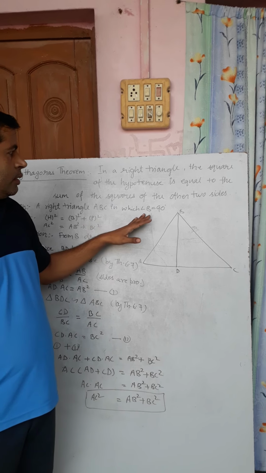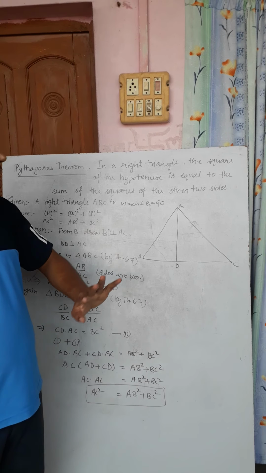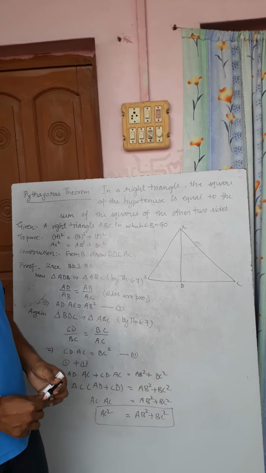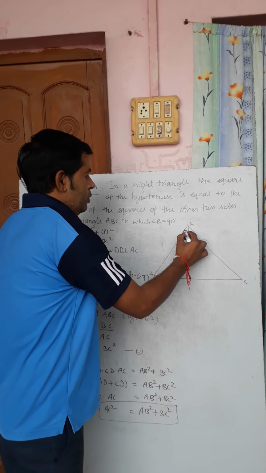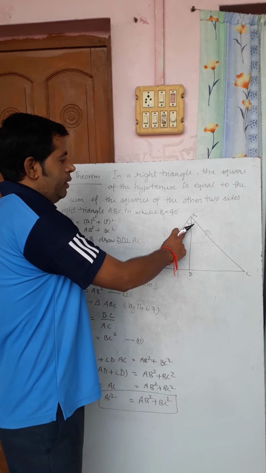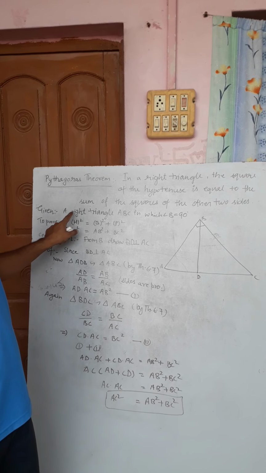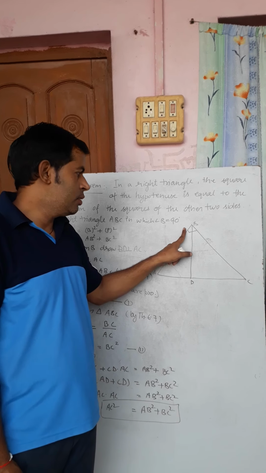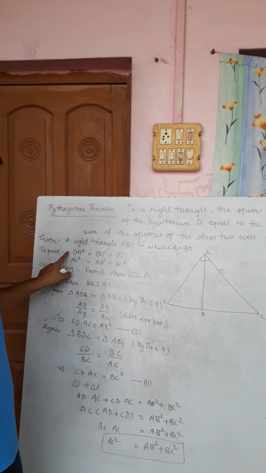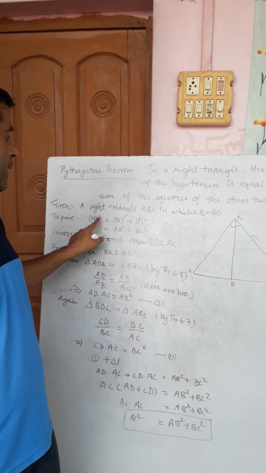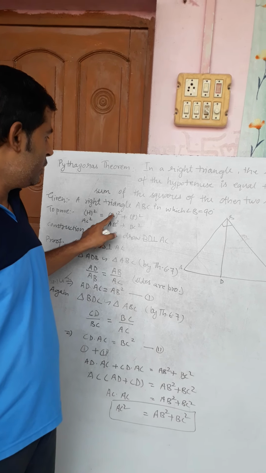So first we will draw the right angle triangle in which one angle will be right angle. So triangle ABC is right angled at B. Here, given a right triangle ABC in which angle B equals 90 degrees. Now we have to show that the square of the hypotenuse side is equal to the sum of the squares of the other two sides.